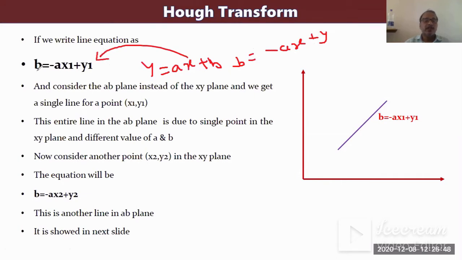Okay, now see here. We can rewrite the equation in this form, in terms of a and b, where x and y act like constant values. So here we can convert the coordinates. In the previous equation we considered the xy plane.